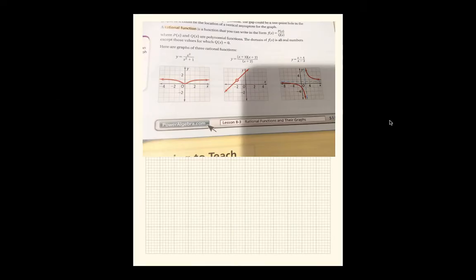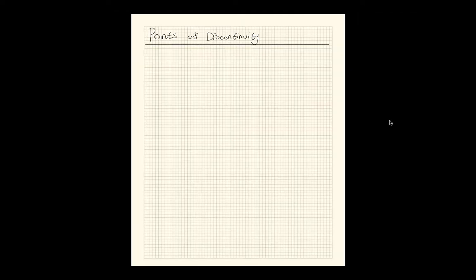Points of discontinuity. Now, basically, this is wherever our denominator is going to be 0.